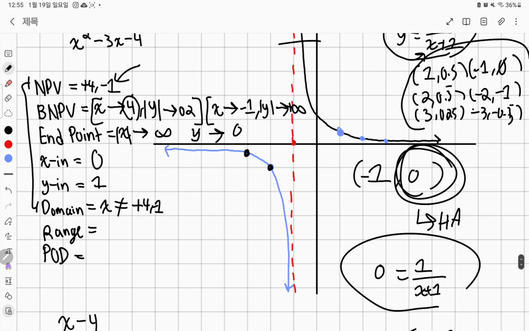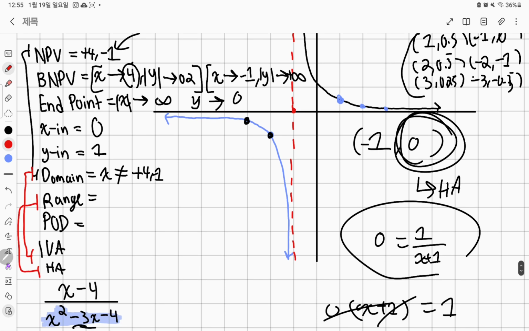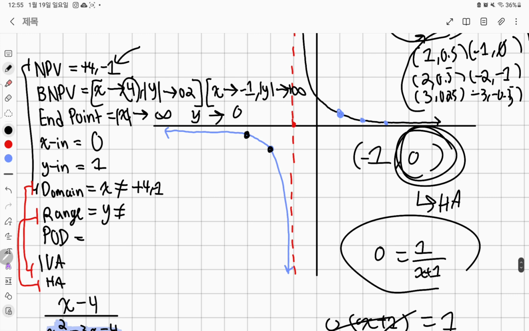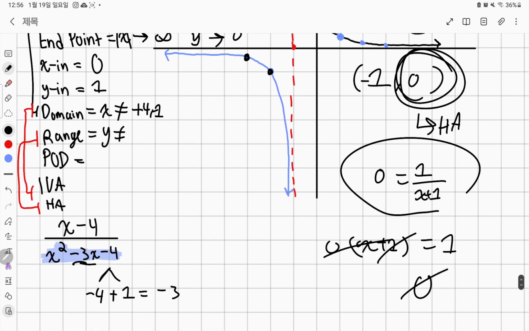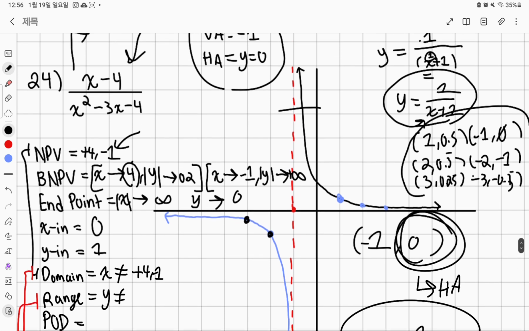And also, let's add the vertical asymptote and horizontal asymptote here because we need them in order to find this domain and range. I'm going to use a different color pen. The reason why I'm doing this is it shows that they have the same thing. What does range mean? Y can be the horizontal asymptote. What's the horizontal asymptote? It was 0, I believe. Yeah.